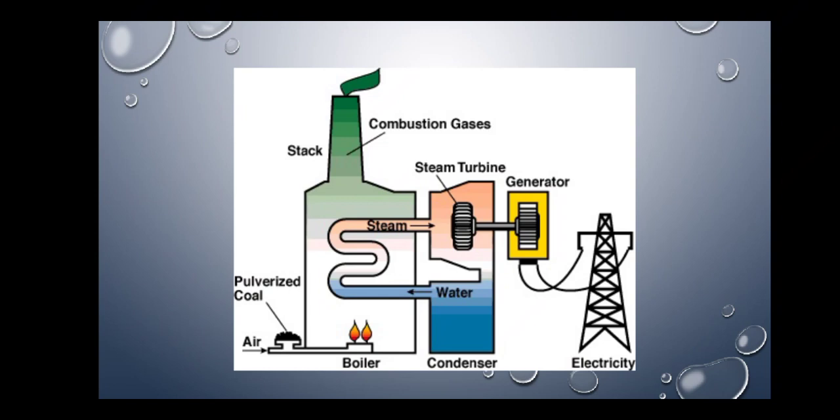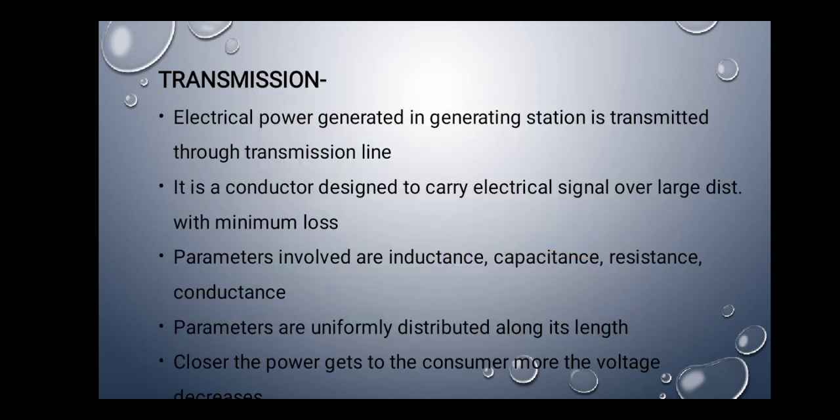The boiler generates heat that we can dissipate into the stack and combustion gases. As the steam turbine rotates, the generator also rotates, and as the generator rotates, power gets generated, and we call it electricity. So how does this power get transmitted?